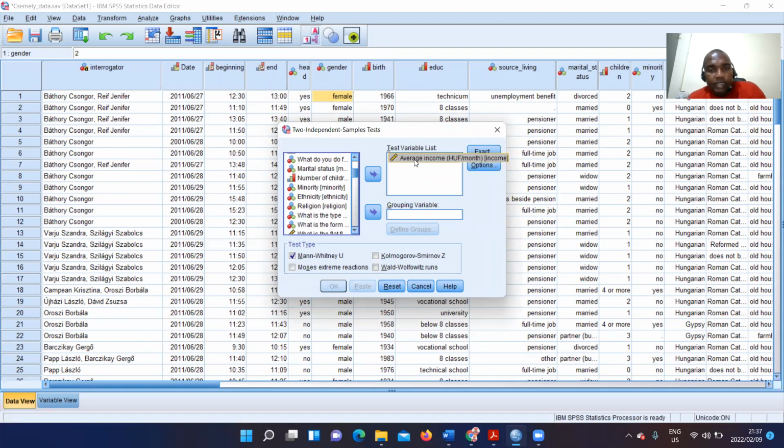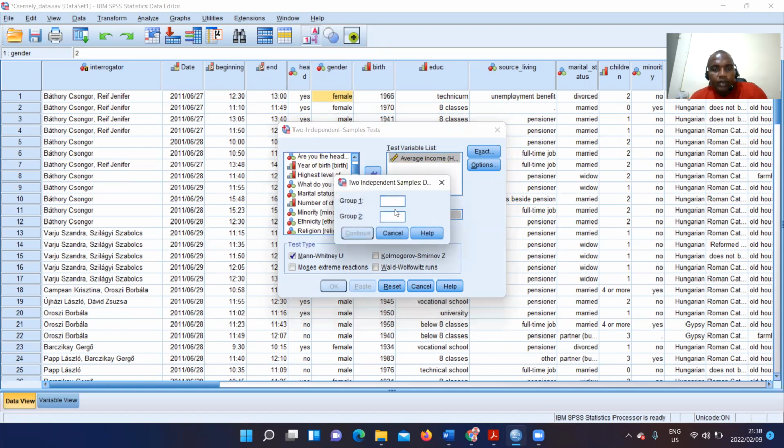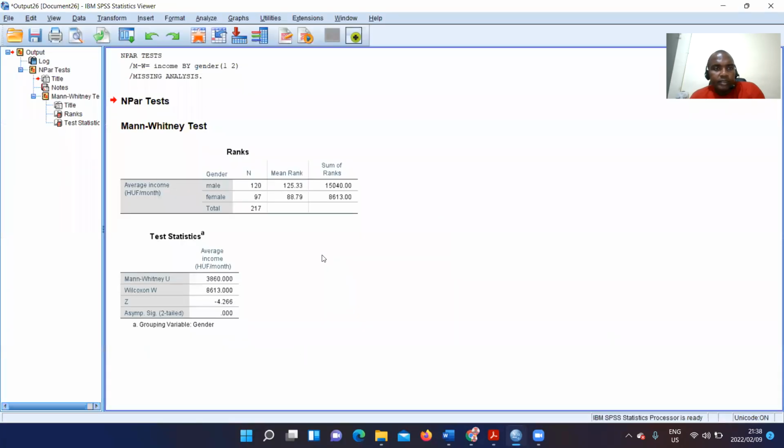This is based on the assumption that average income does not follow a normal distribution. You'll have to check that. So we want the grouping variable to be gender, where 1 stands for male and 2 stands for female. And then we click Continue, and we click OK. We start with the ranks table, the Mann Whitney test rank statistics.